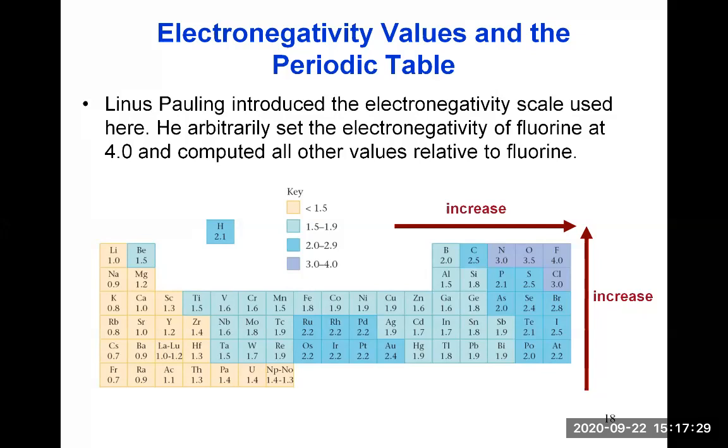If we look at the key, it goes from less than 1.5, and really the smallest value is 0.7, up to 4.0. It's Linus Pauling, the scientist who established that, who introduced the electronegativity scale that we are still using today. He arbitrarily set the electronegativity of fluorine at 4.0 and then computed all other values relative to fluorine.